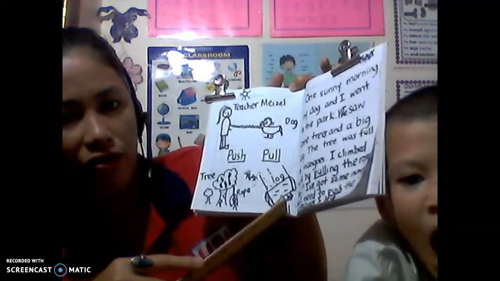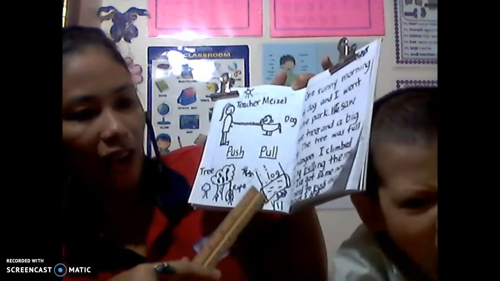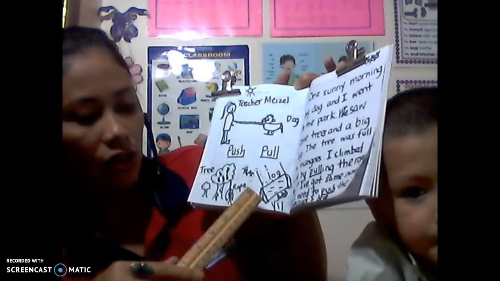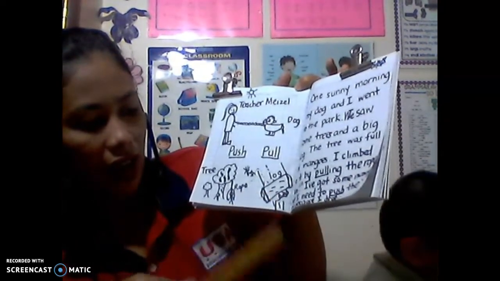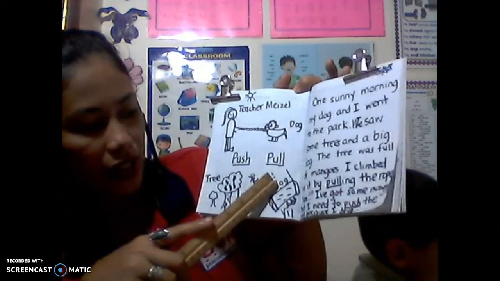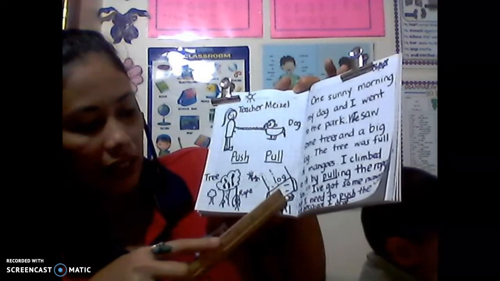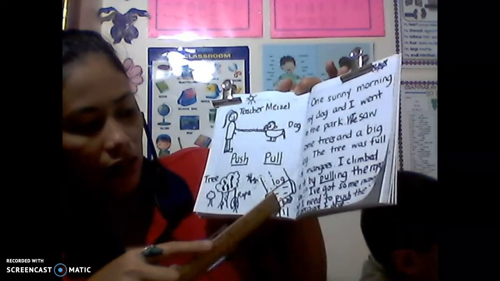You know a cliff? Like a drop off, like if you are in the mountain and there's a cliff. Ooh, it's very dangerous. It's very high. So I have to push this log so I can get my mangoes that are stuck here.